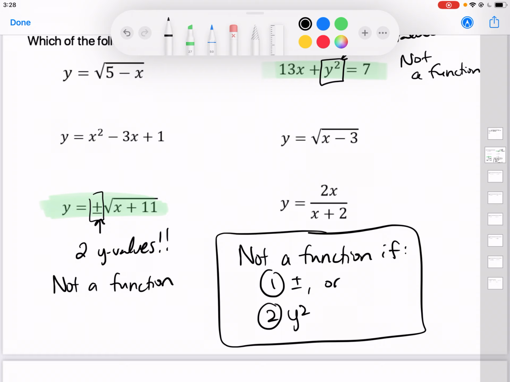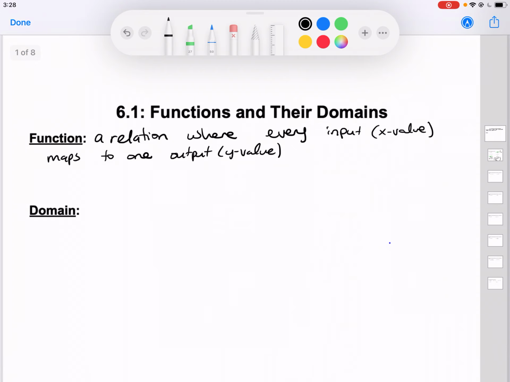So let's go back to domain. So domain is the set of inputs. And remember, an input means x values.